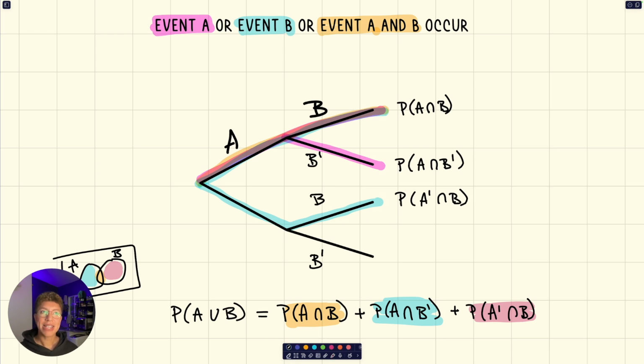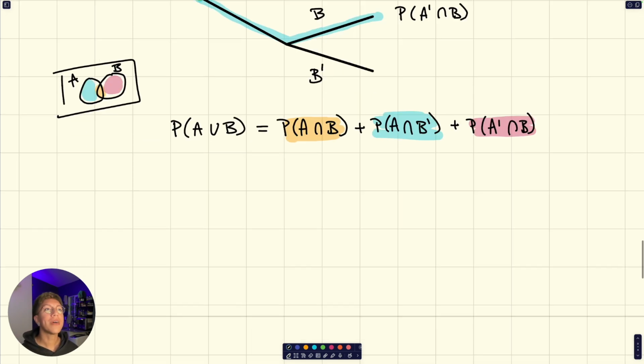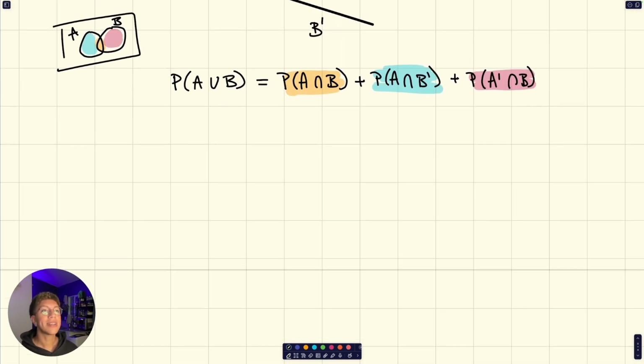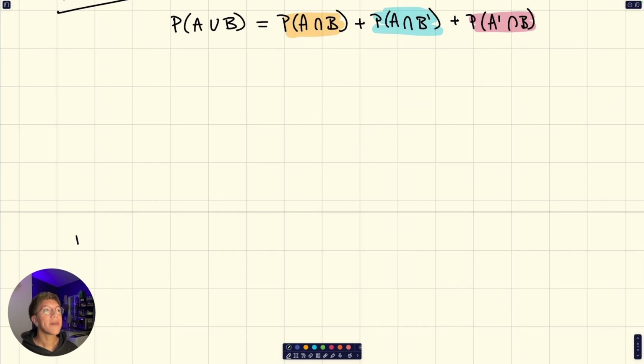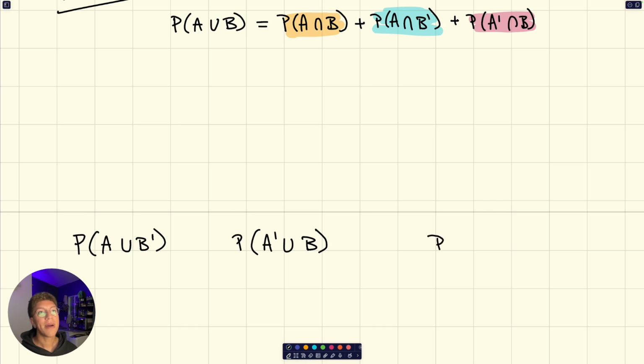Next question we're probably asking is, well, we did union in Venn diagrams and there were 4 possibilities. So what about those other 3? What does the probability of A union B naught look like? What's the probability of A naught union B? And lastly, the probability of A naught union B naught.